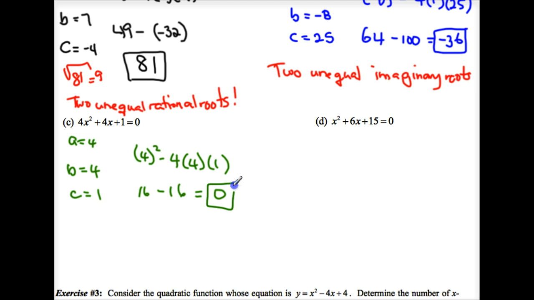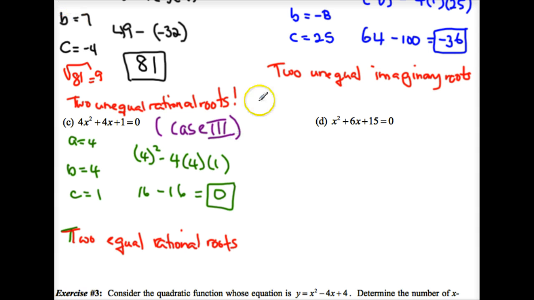When my discriminant is equal to 0, I know I will have 2 equal rational roots. And let's make a reference. We know that this is case 3. Is that correct? Let's check back really quick.